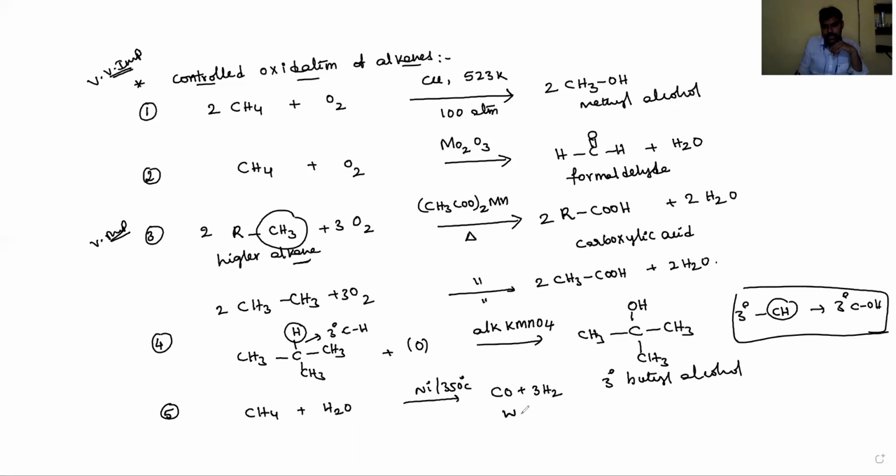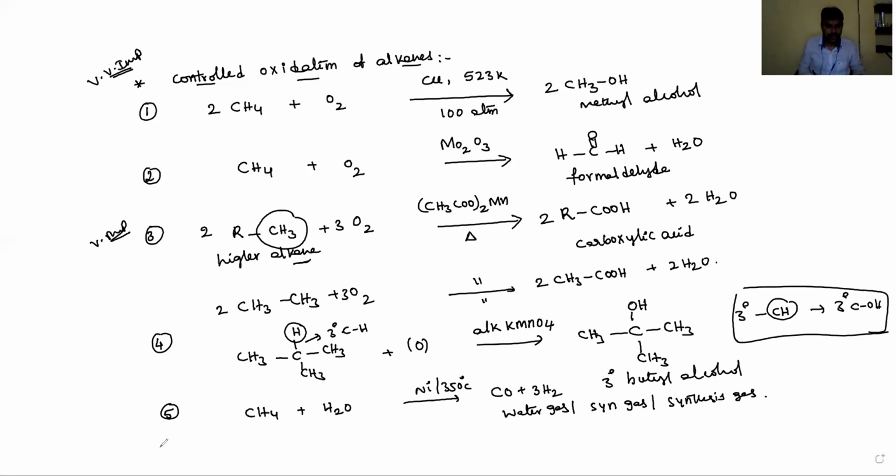This is known as water gas. This water gas also has other names. It is also called syngas or synthesis gas. So CO plus H2 combination is called water gas. CO plus N2 is called producer gas. That also you have to remember, dear students.